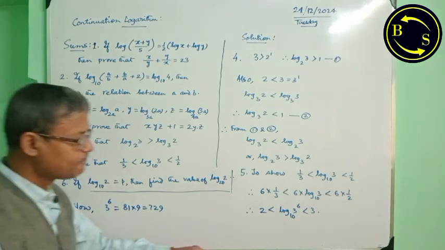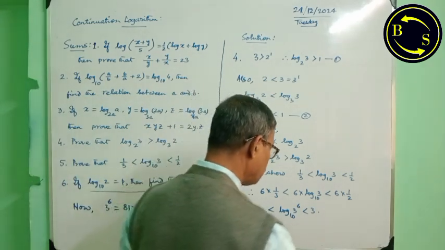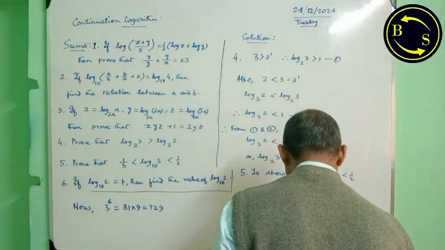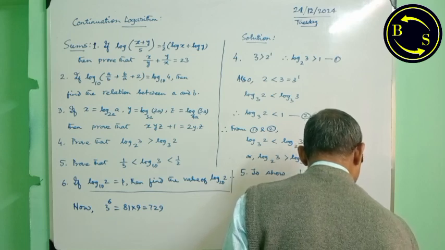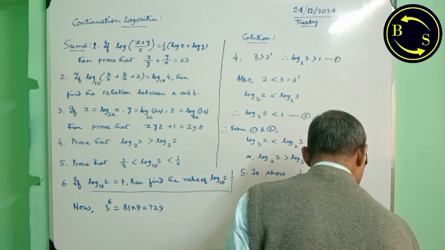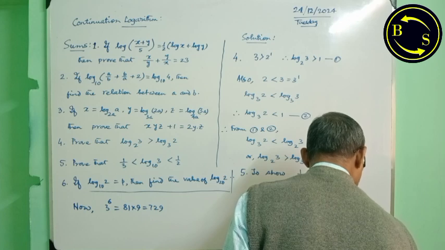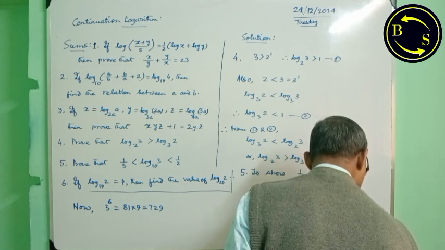As the base is 10, also you can think like this: 2 is 2 log of 10 to the base 10, log of 100 to the base 10.